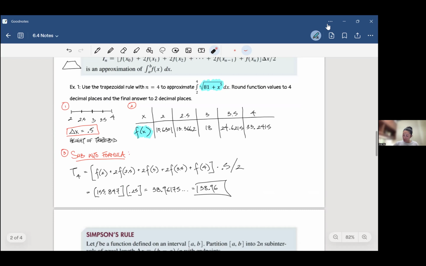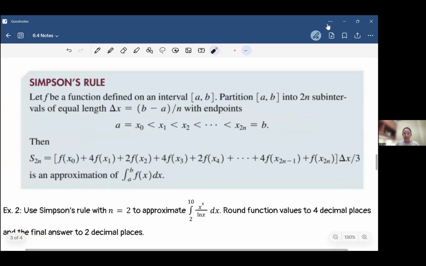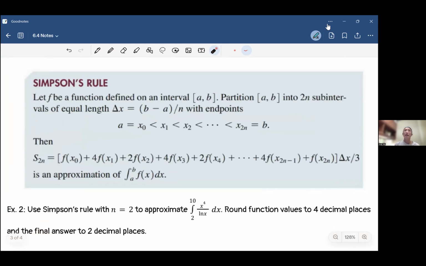All right, let's take a look at Simpson's rule. Remember, Simpson's is the one that has not the straight line at the top, but more of a curvy parabola. Same kind of idea here: we are going to plug this into the formula.